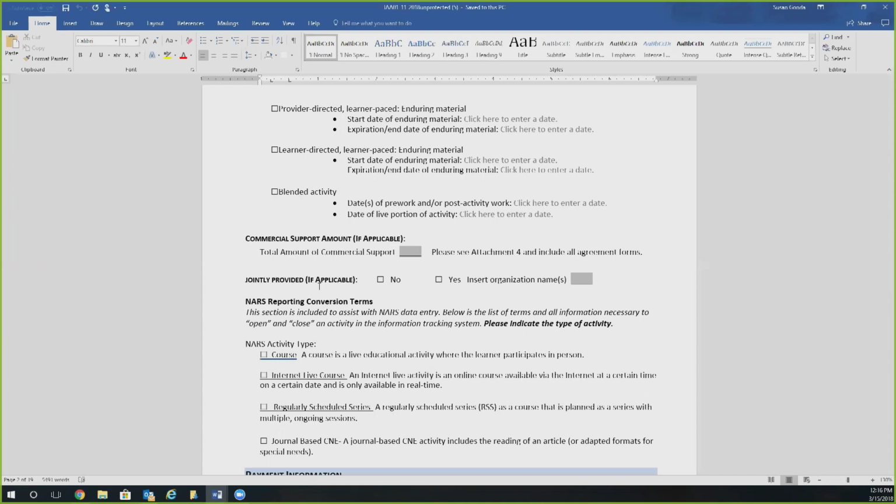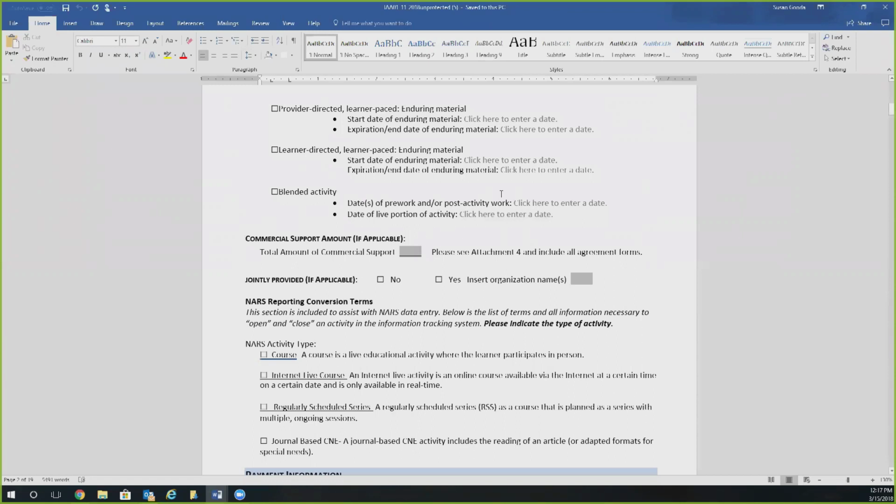And so they would set up a joint provider agreement saying how all the funds would come in, how the funds would be distributed, who's responsible for what, and they would have an agreement and they would mark that as a joint provider. Both of these areas, the commercial support and the jointly provided, if there's none, don't worry about it, move on to the next section.